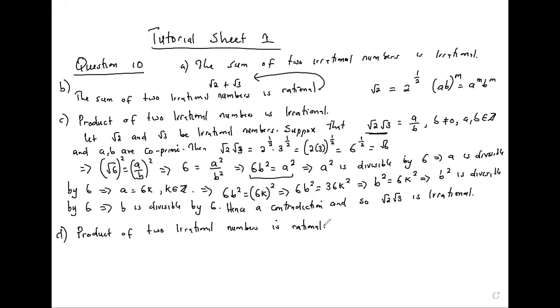But we just saw that in part C, root 2 by root 3 is irrational.